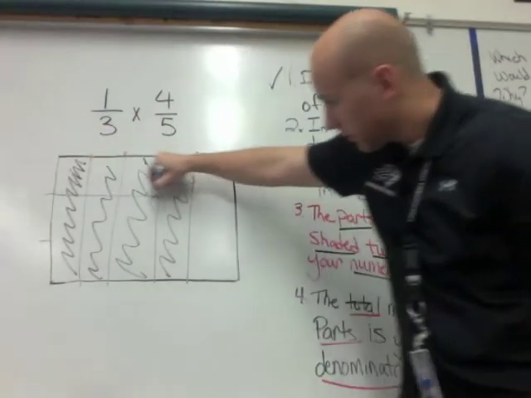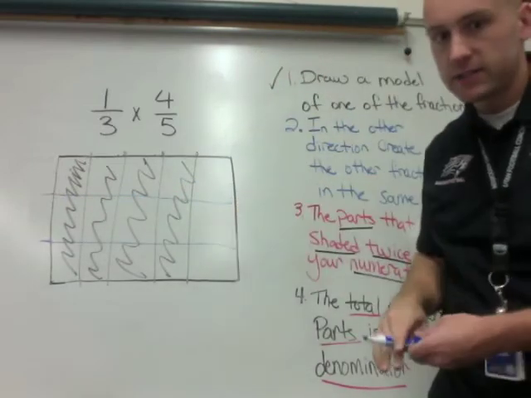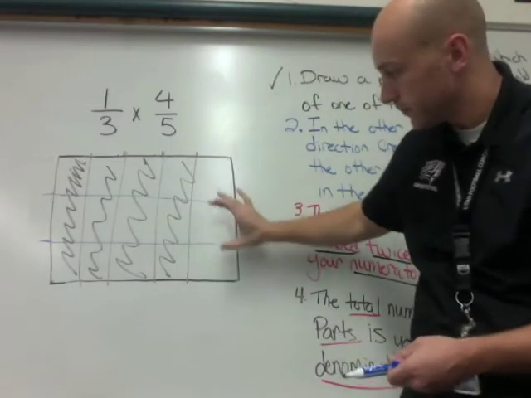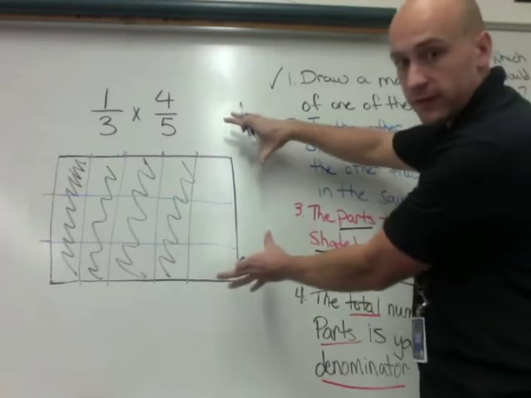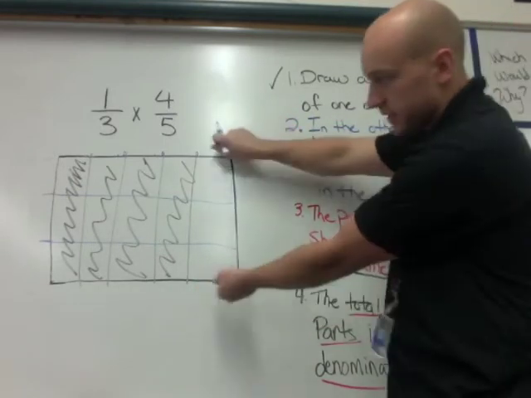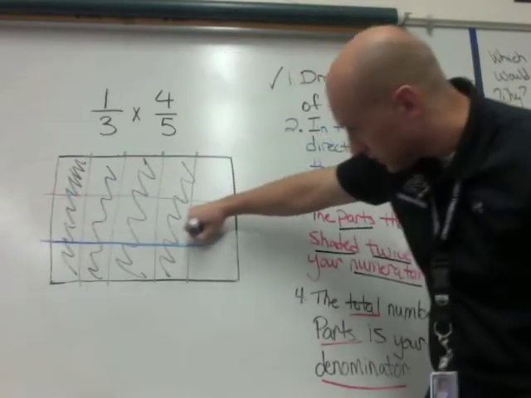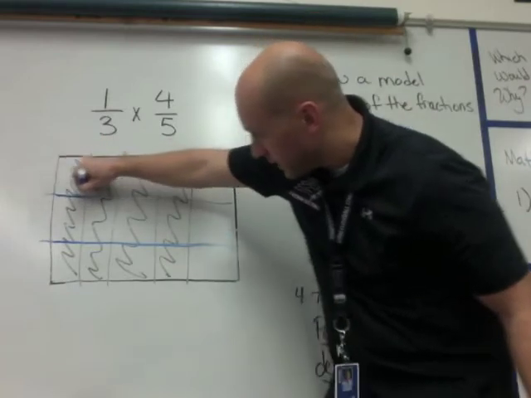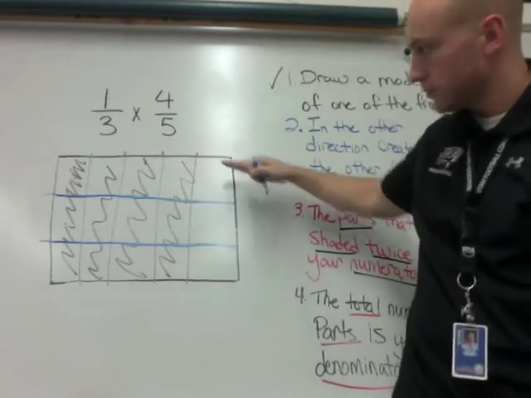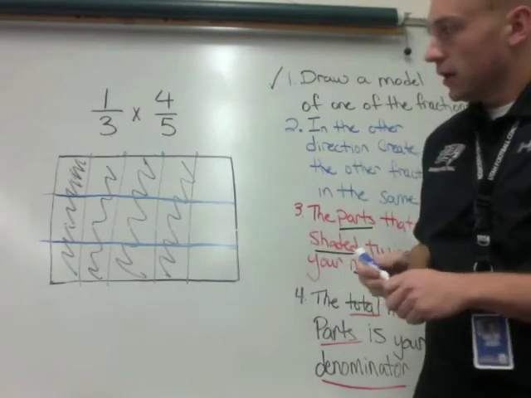So I'm going to do that really quick. And now I have it split up into thirds this way. So it's like having the 4/5 at first, and then taking the same rectangle, split into thirds, and placing it on top of that. So here is these blue lines right here. These thicker blue lines are my thirds. So here's 1/3, 2/3, and 3/3.